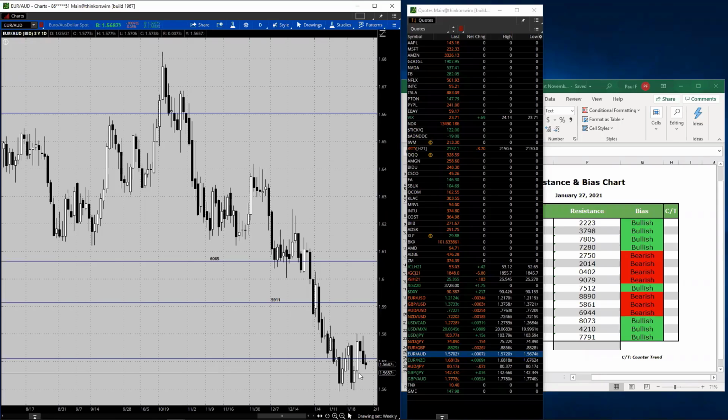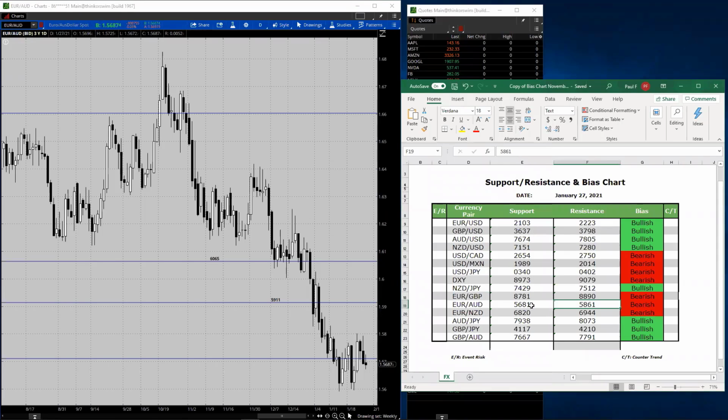This would be the challenge here, 56.60. Right there, you see that close, which coincides really with the high there, which would be 57.22.